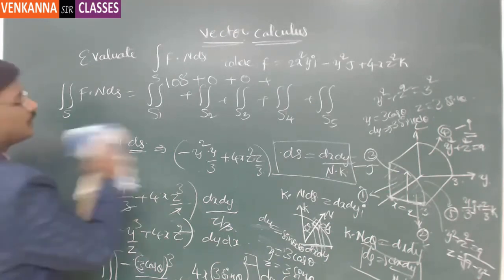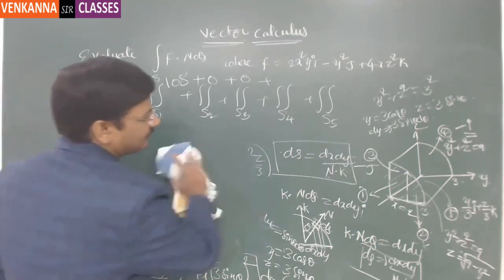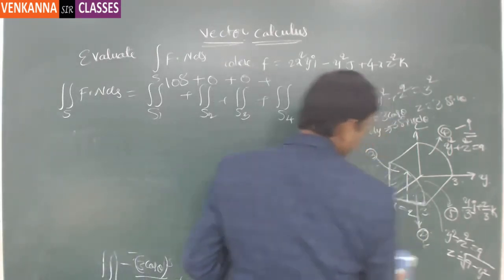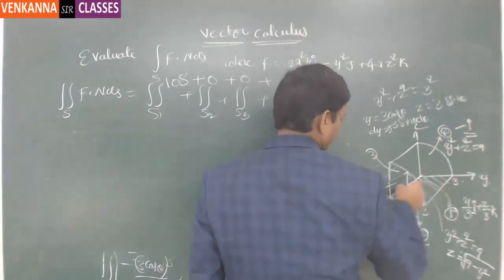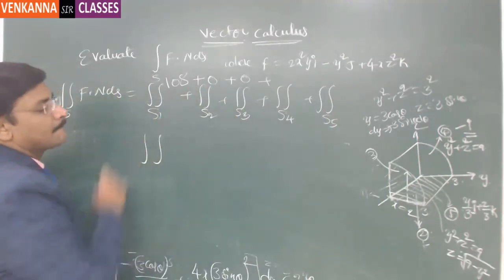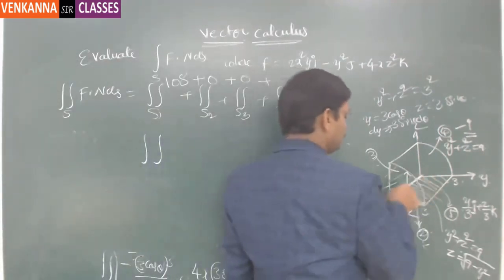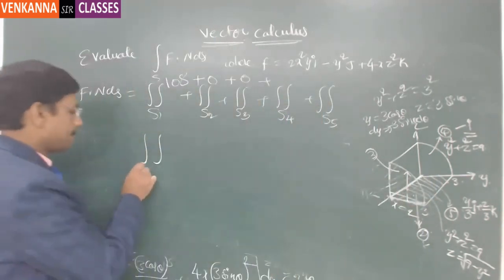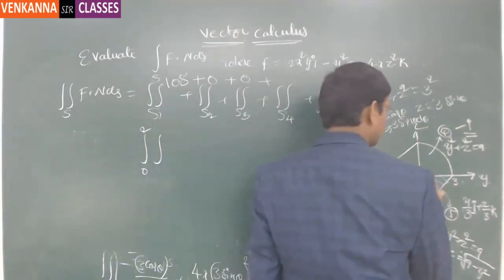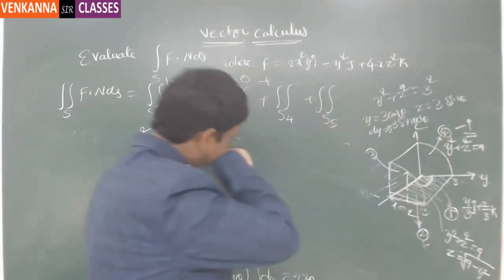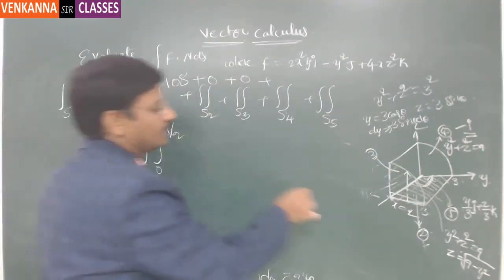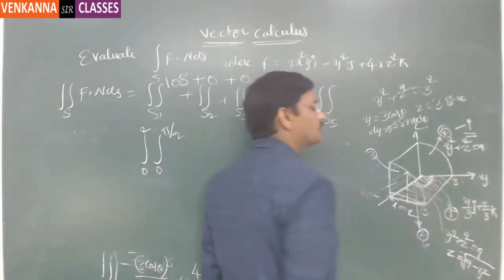Okay. So once you find this integral value, you just need to do the integration for this particular bottom surface. So the integral limits are going to be two different limits: x varying from 0 to 2, this is one, and y in the parametric form, this is the angle with respect to the x-axis, so the angle is varying from 0 to pi by 2, because the angle from the x-axis to the y-axis is going to be pi by 2.